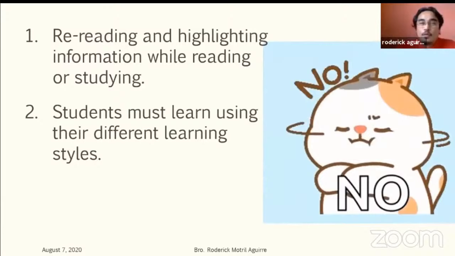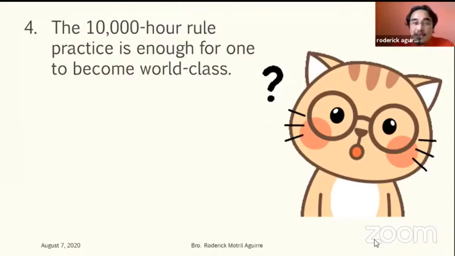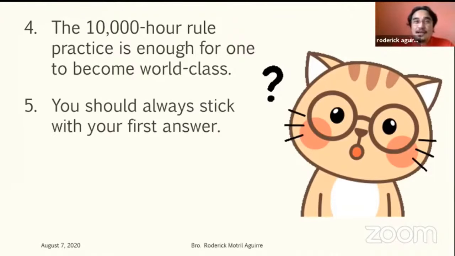Go back to my webinar on this myth: research done by Cambridge University in their Center of Assessment and Evaluation came up with a high percentage of students who get higher scores who actually relied on their second answer and not just on their first answer.